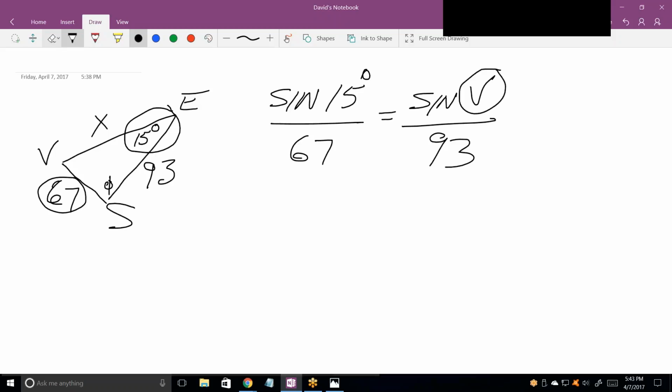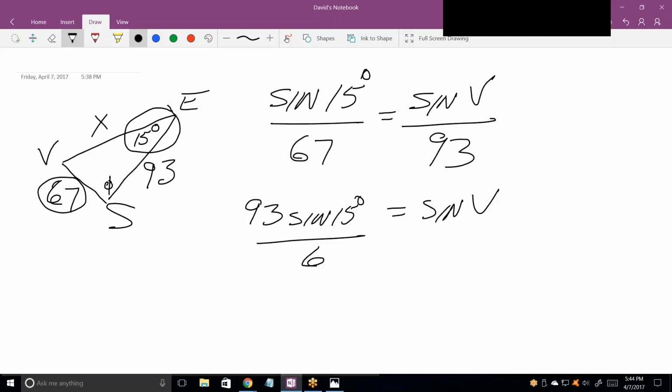Let's solve for, first of all, the sine of v, and then let's solve for v. So sine of v equals what? Sine of v is 0.36.